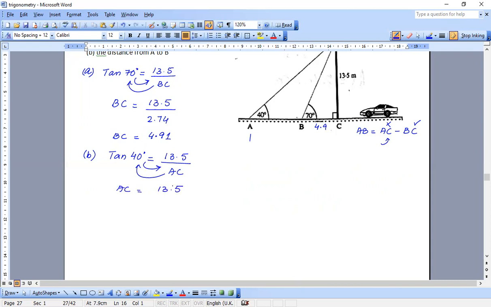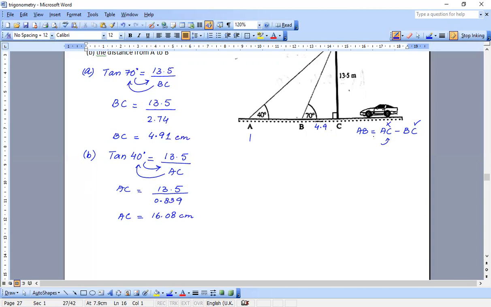Let's see what tangent 40 equals. Instead of writing tangent 40, I'll write its value, which is 0.839. I'll divide 13.5 by 0.839 and I'll get the length of AC. AC is going to be 16.08 centimeter. The lengths are in centimeter.